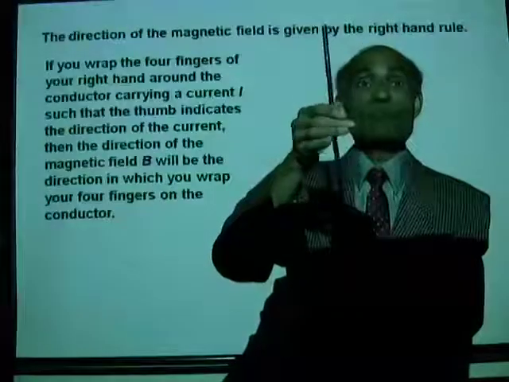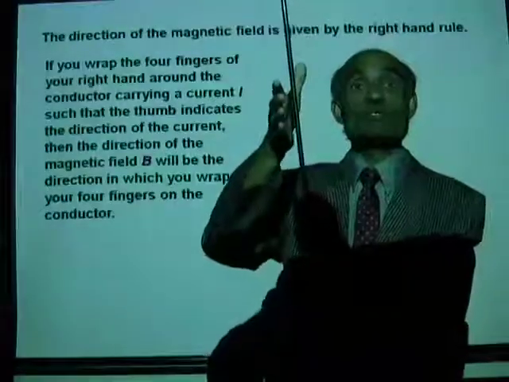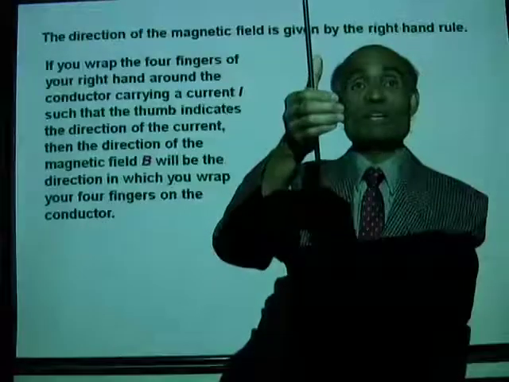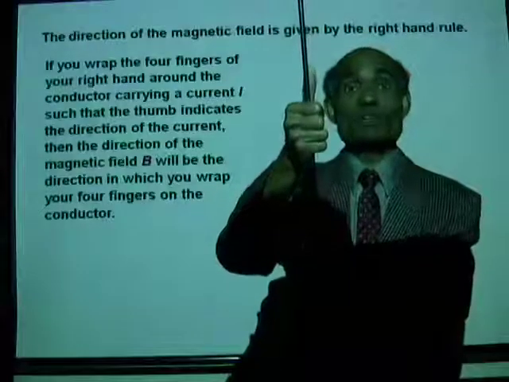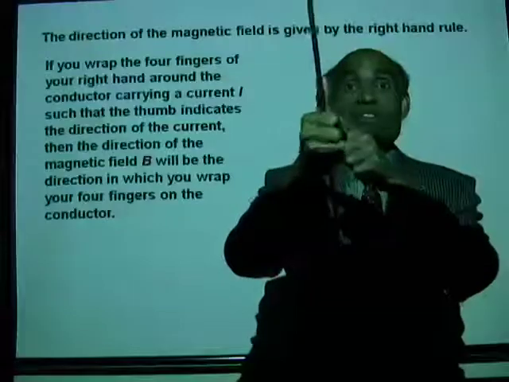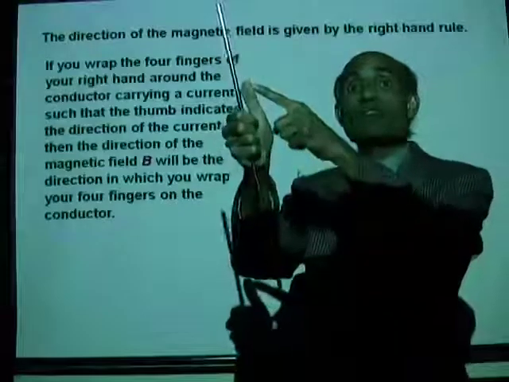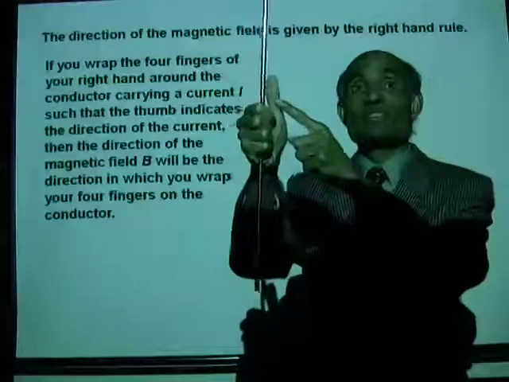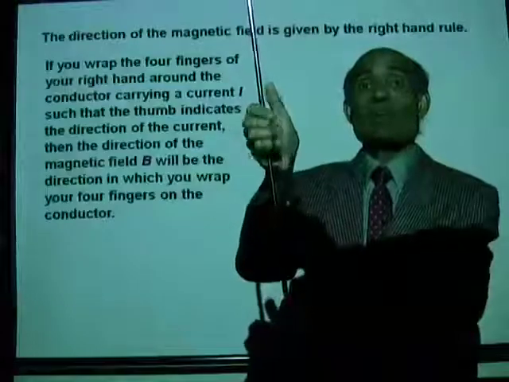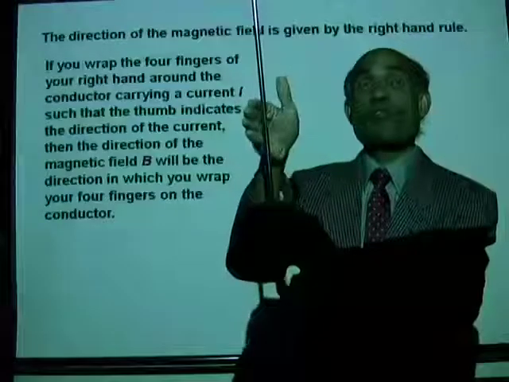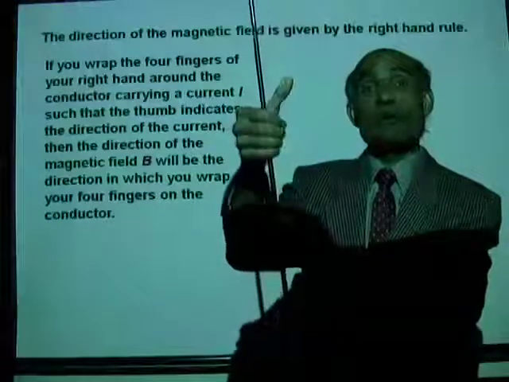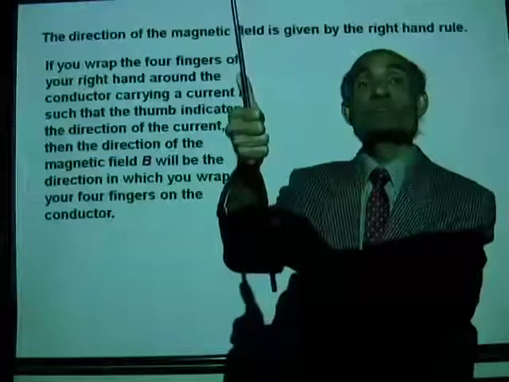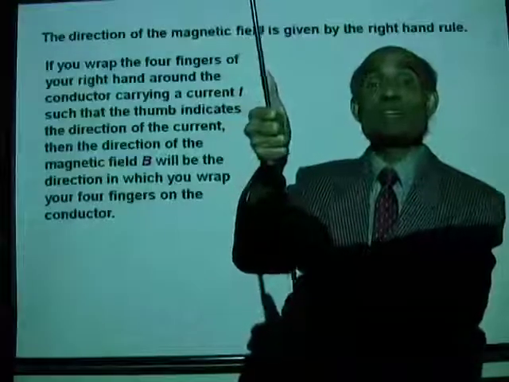If you wrap the four fingers of your right hand around a conductor carrying the current, so that the thumb indicates the direction of the current, you see that? Then the direction in which the other four fingers wrap around the conductor gives you the direction of the magnetic field.